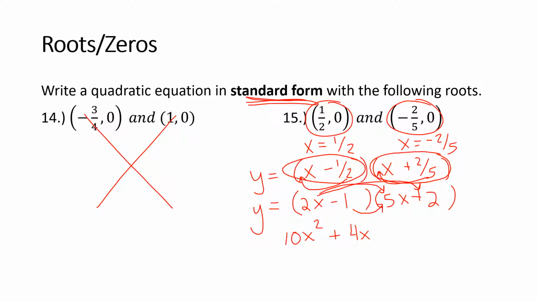Multiply the inside terms together: negative 1 times 5x is negative 5x. And multiply the last two terms together: negative 1 times 2 is negative 2. So our final answer, if we combine our like terms in the middle, we have 10x squared minus 1x in the middle minus 2.